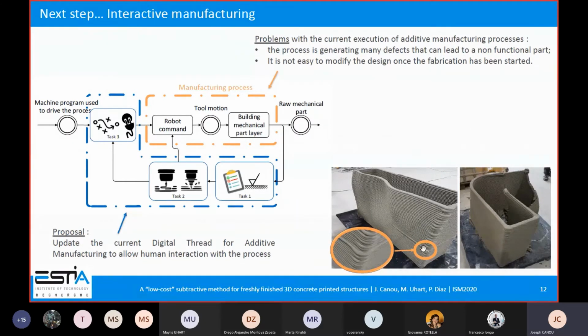One example on this picture is this type of result you could get. So you have the general shape you want to get, but sometimes you need to do some additional work on it because it is not a ready-to-use part. You have something to do.